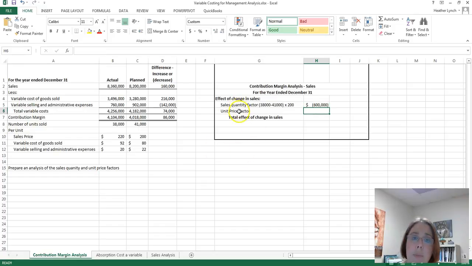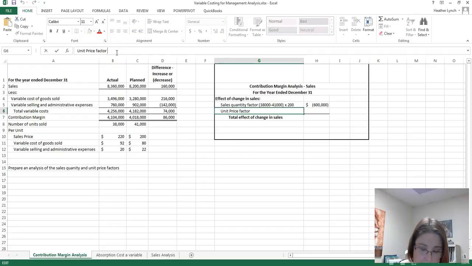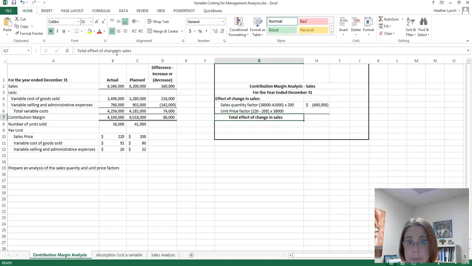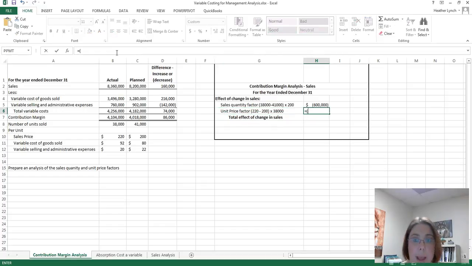Now when we look at the unit price factor, we need to look at the sales price, that 220 minus the $200 planned, and we need to multiply that by the actual 38,000 units. Okay, so let's go ahead and do that.